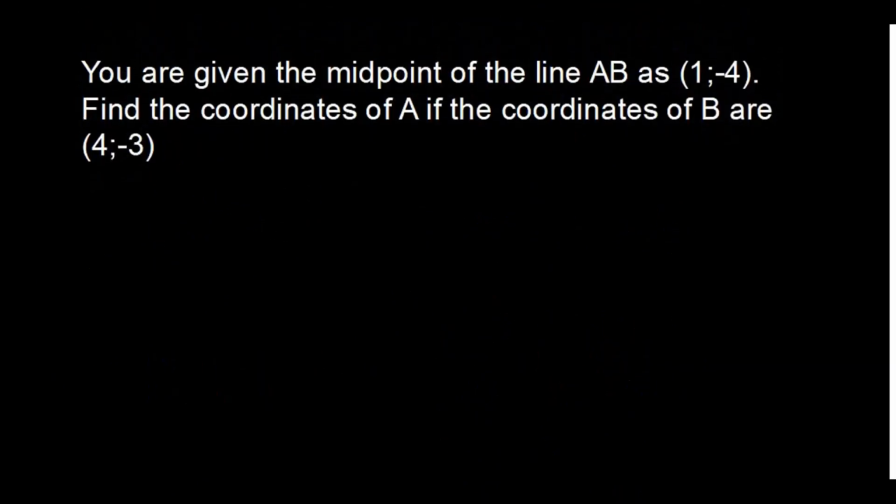So now what happens when you are given the midpoint and one of the endpoints on a line, and you're required to calculate the other point? Let's look at an example. You are given the midpoint of a line AB as (1, negative 4). You need to find the coordinates of A if the coordinates of B are (4, negative 3).